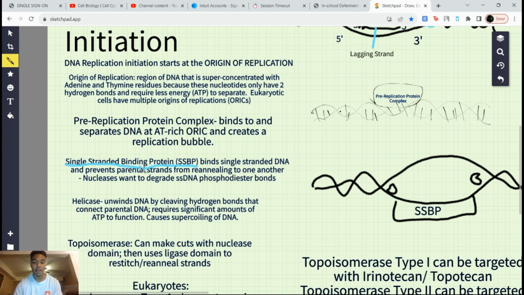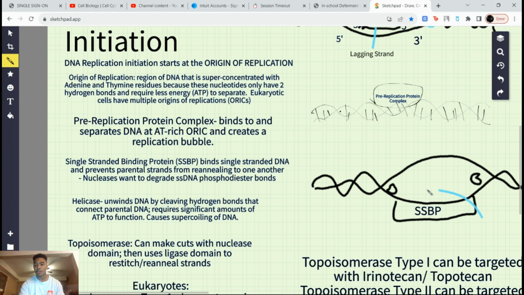The single-stranded binding protein prevents the parental strands from reannealing to one another, because nucleases, enzymes in the nucleus, want to break down or degrade that single-strand DNA, because it's not DNA. DNA is double-stranded, as we know. But nucleases want to degrade that short single-strand DNA phosphodiester bond.